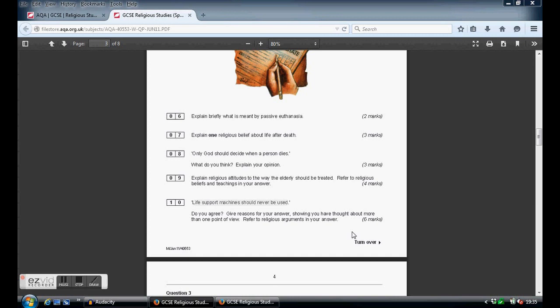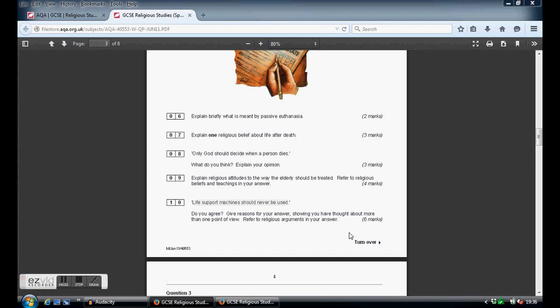So it's keeping people alive unnecessarily, which takes up resources that can't be used for other people. And also, in some cases where the patient hasn't got any brain activity, then is that person really alive? Probably not. So it's a waste of hope and resources to keep them alive on life support.